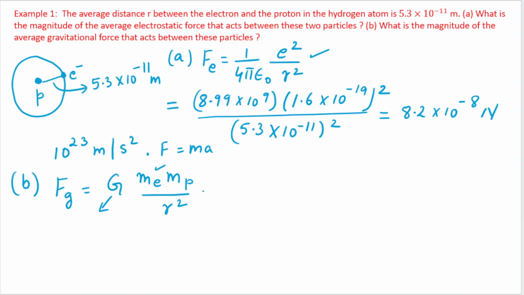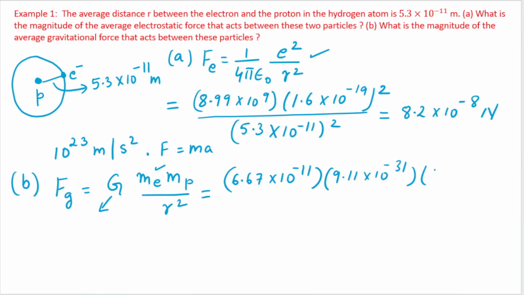So let's substitute the value of capital G, which is 6.67 into 10 to the power minus 11, Newton meter square per kg square. We will not put those units here. Mass of the electron is 9.11 into 10 to the power minus 31 kgs.